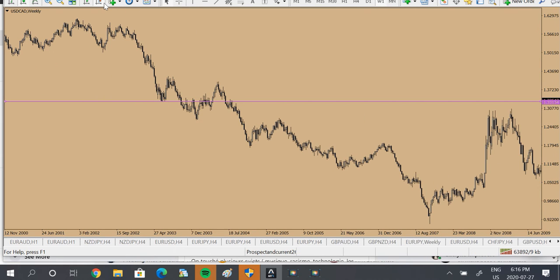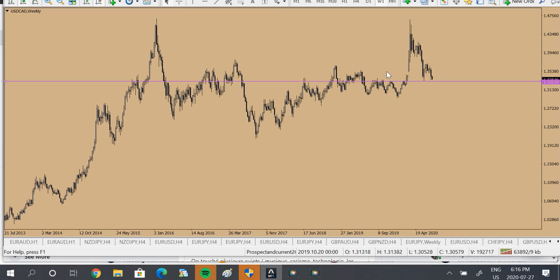It touched here, bounced, touched here, went up, tried to pass that area. So this area I would consider to be the weekly support area.